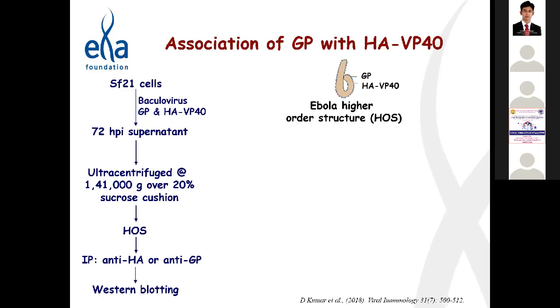If GP and HA-VP40 are associated with each other and forming a structure, we will call it a higher order structure. If we pull this, the other should also get pulled, and we should be able to see the other protein associated with it.